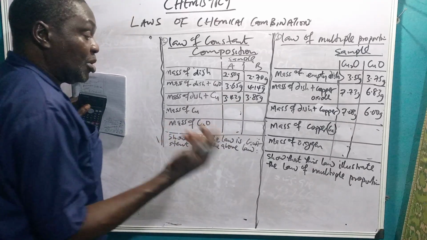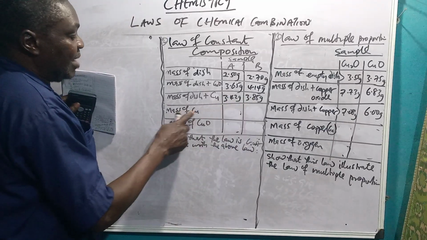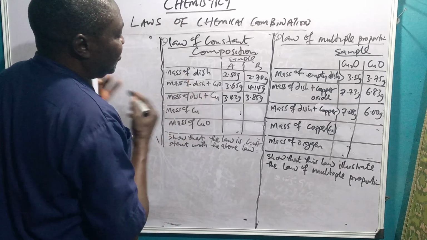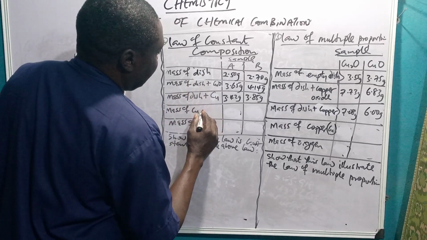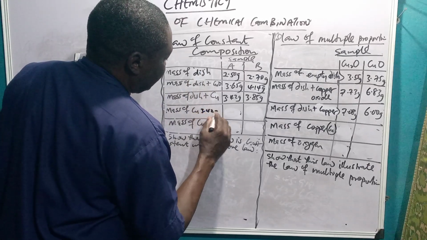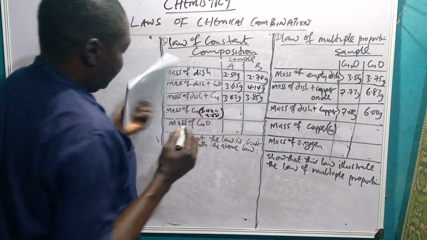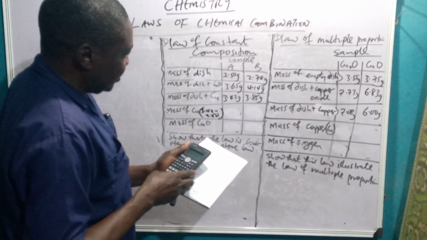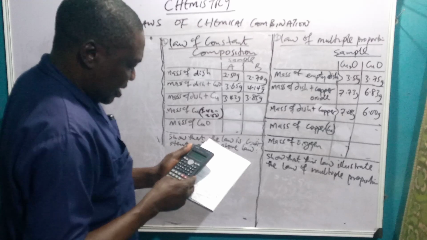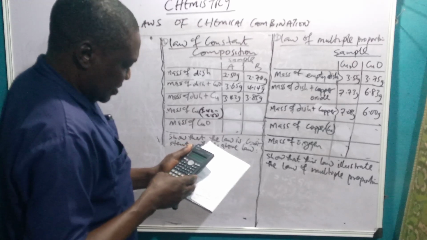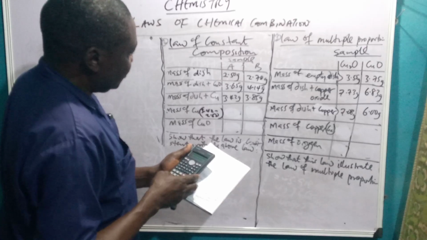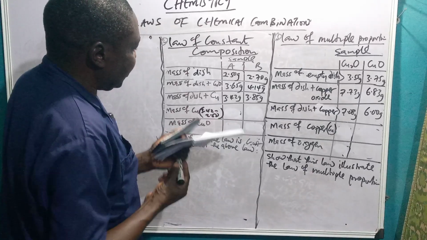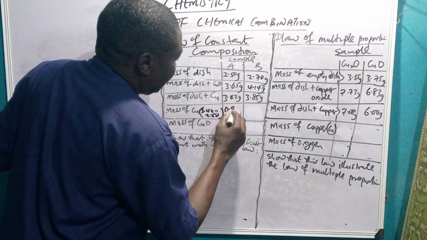Then what I'm going to explain to you, instead of just giving you the values, is the mass of copper. How do I calculate mass of copper? You're already given mass of dish plus copper, so I'll remove the mass of dish from it. That is 3.42 minus 2.50, which is dish plus copper minus just the dish, and you have 0.92 gram.